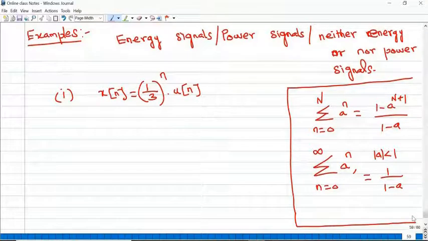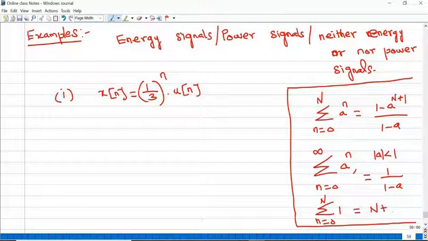And apart from this, some more formulas. Summation n equal to 0 to N of 1 is N plus 1.